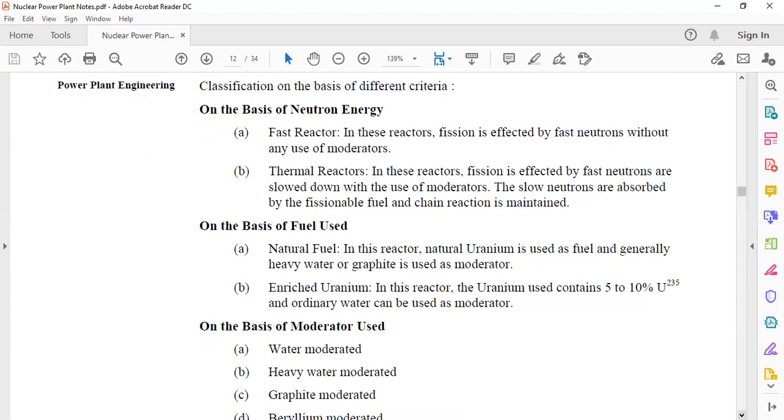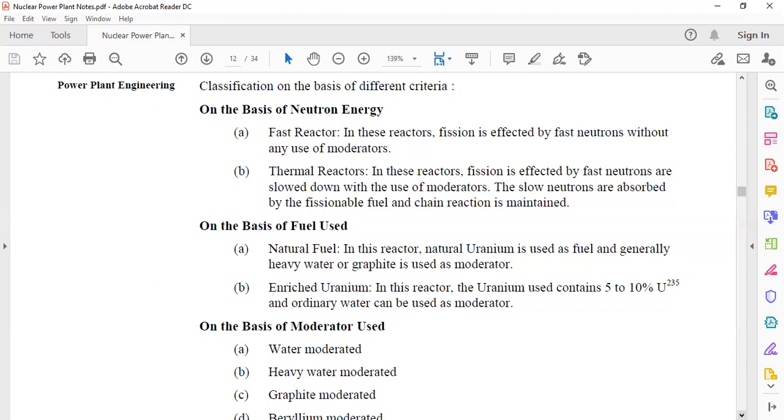And in case of thermal reactors, fast neutrons are slowed down with the use of moderators. So the first is without moderator and the second is with the moderator. The slow neutrons are absorbed by the fissionable fuel and the chain reaction is maintained throughout the cycle.